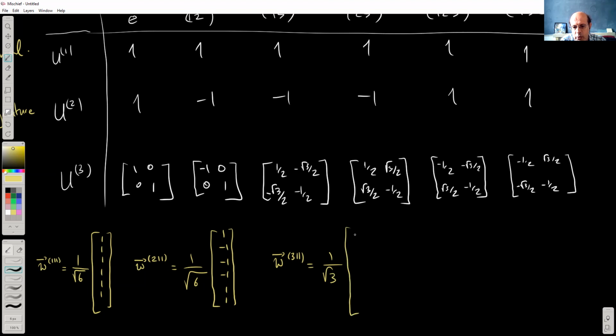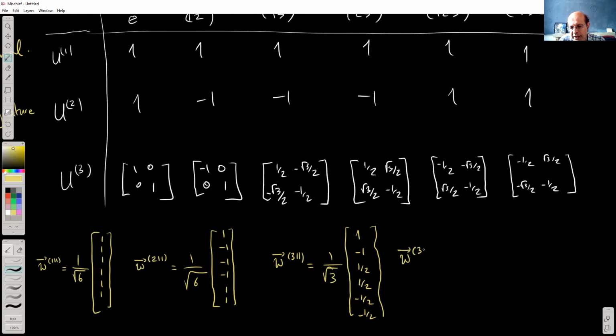And the entries are 1, minus 1, 1 over 2, 1 over 2, minus 1 over 2, minus 1 over 2. Again, you can easily check that this is normalized. Please do so. You can easily do this kind of calculation. In any case, I'm going to continue.